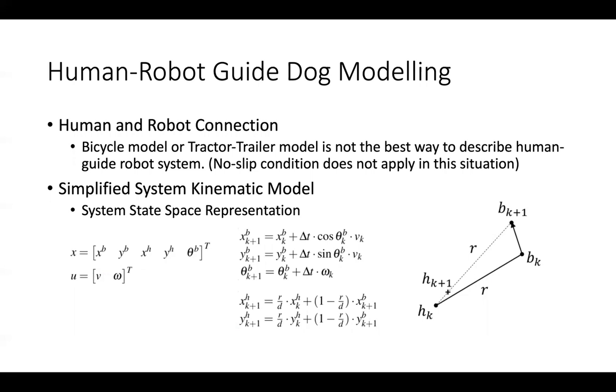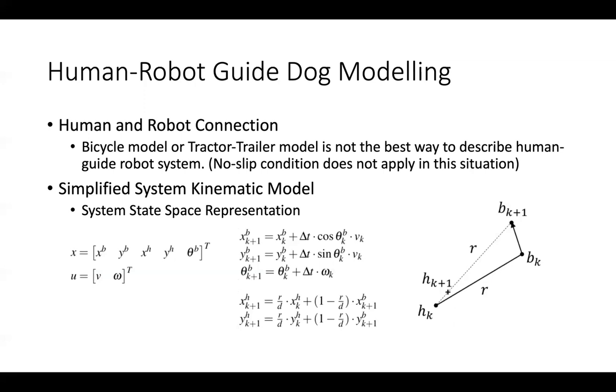Because the bicycle model has a no slip condition assumption, which means the rear wheel will not just have the rotation, but without velocity. However, in this case, the human can be pure rotation without the velocity. So we developed this simplified system kinematic model for this.